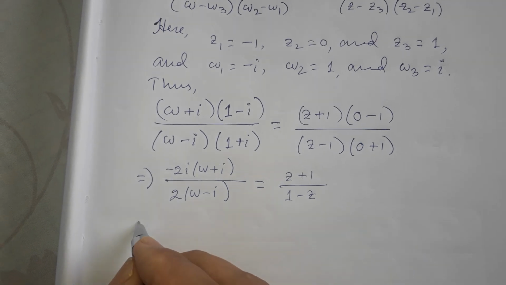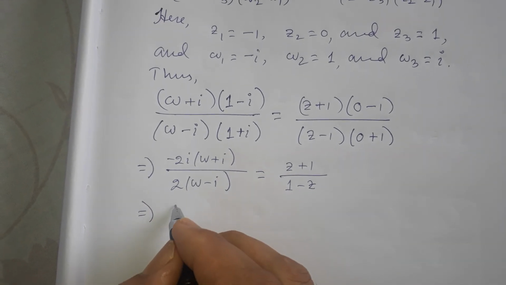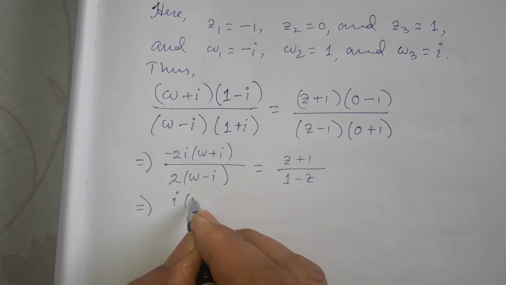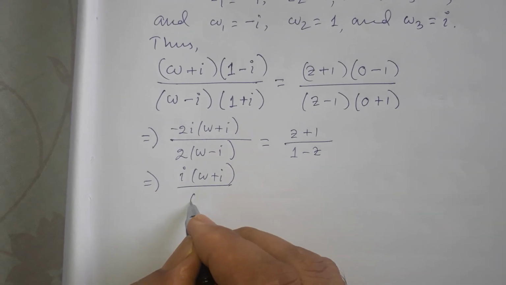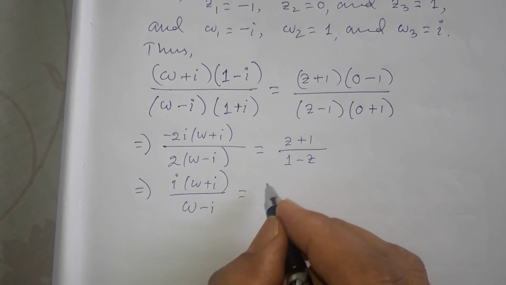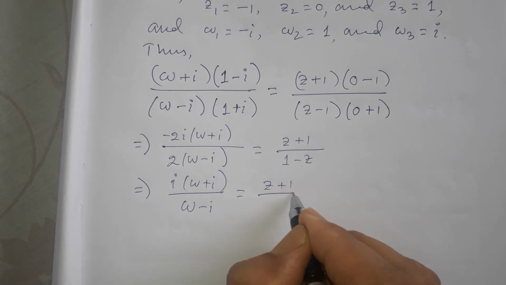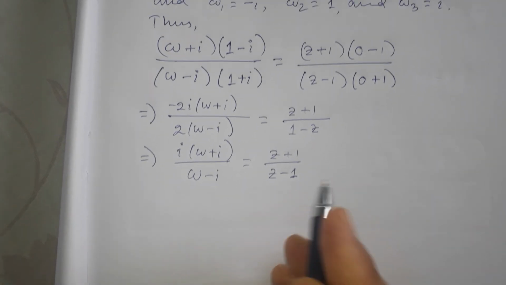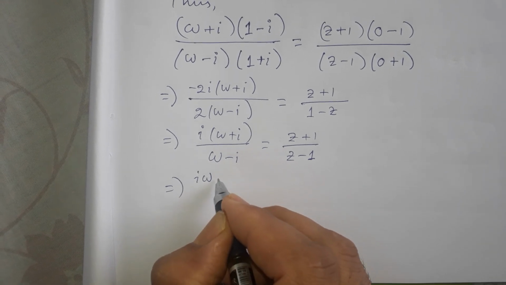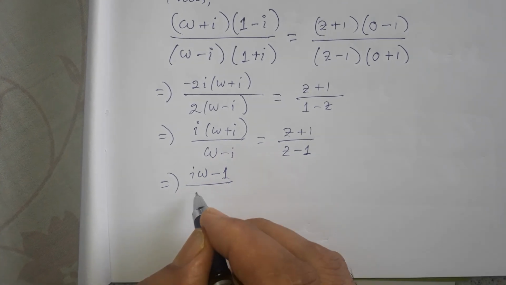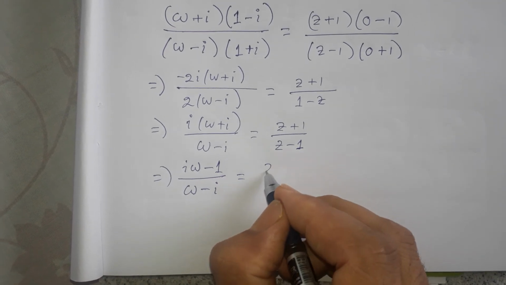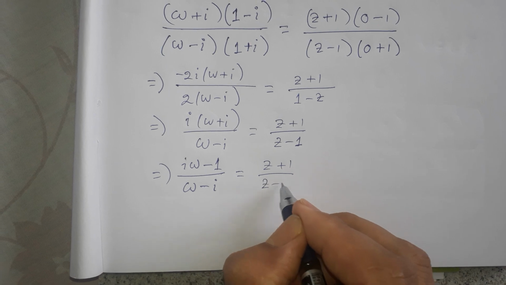The 2 cancels out, and minus 1 cancels out, so you can simplify it as (iw plus i)... so you have (iw minus 1) over (w minus i) equal to (z plus 1) over (z minus 1).